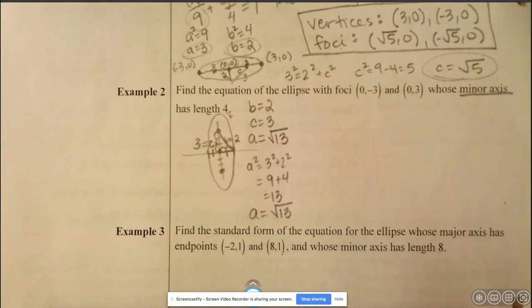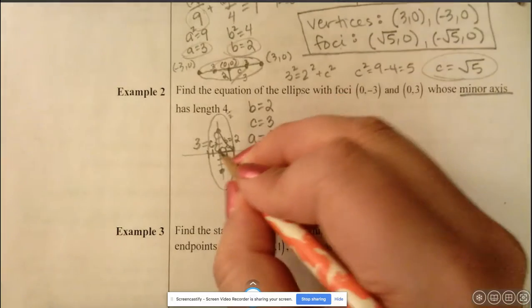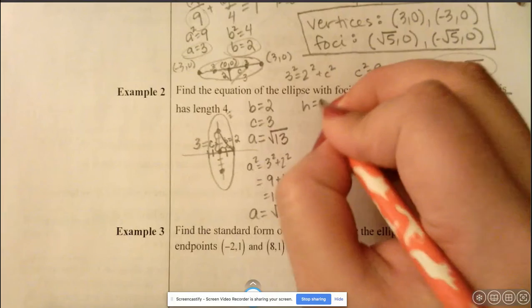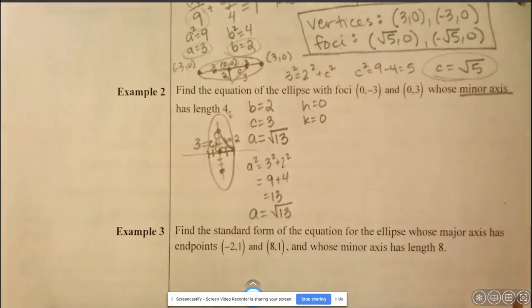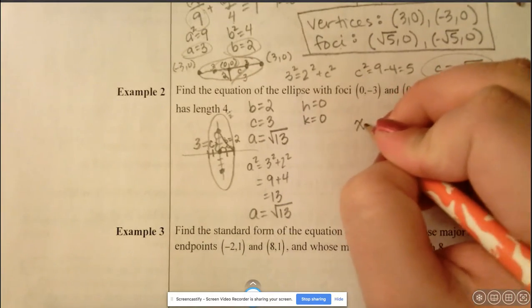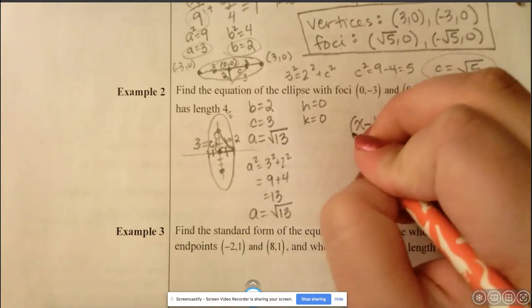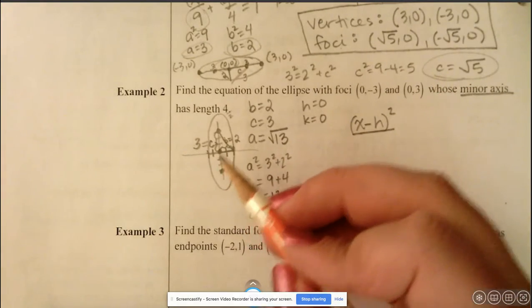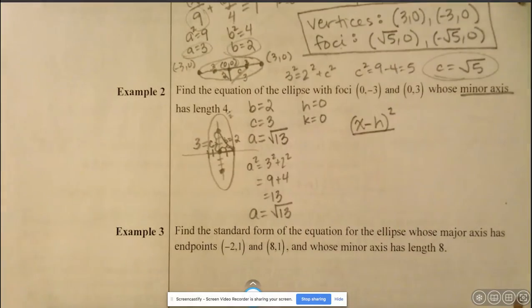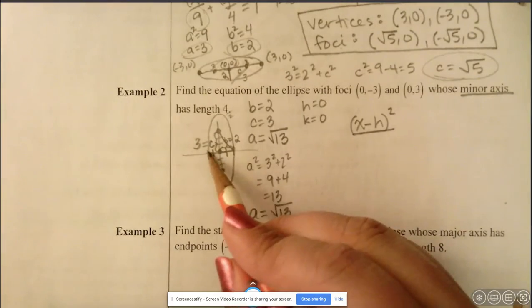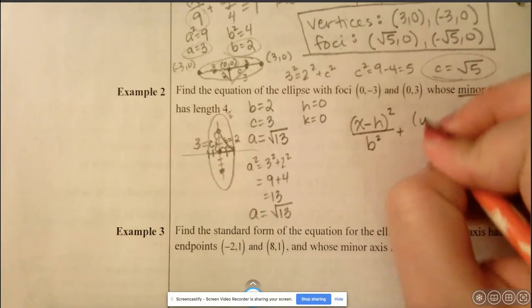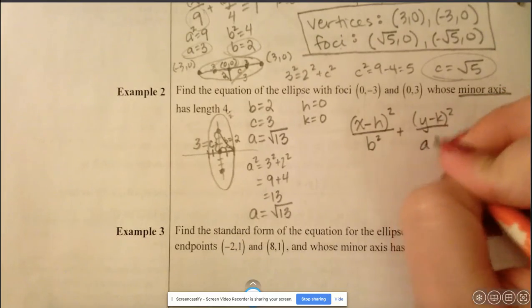Okay, so we have A, B, and C. We need H and K, but I know the center here is halfway between my two foci, so the center is at 0, 0, meaning H is 0 and K is 0. So let's find our equation. We've got all of our variables. We have x minus h squared over, now my x direction is my minor axis, so that's going to be over b squared plus y minus k squared over a squared equals 1.